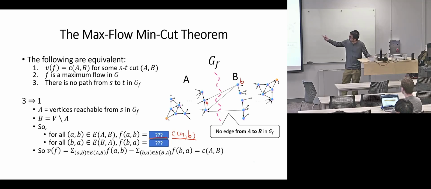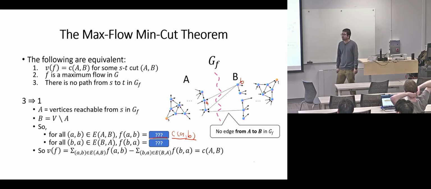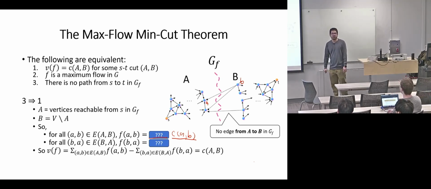It's kind of from here. Are you also given the residual graph? Yeah. Then you just find the furthest vertices you can reach from S, and those are A, and then everything else is B. Exactly.